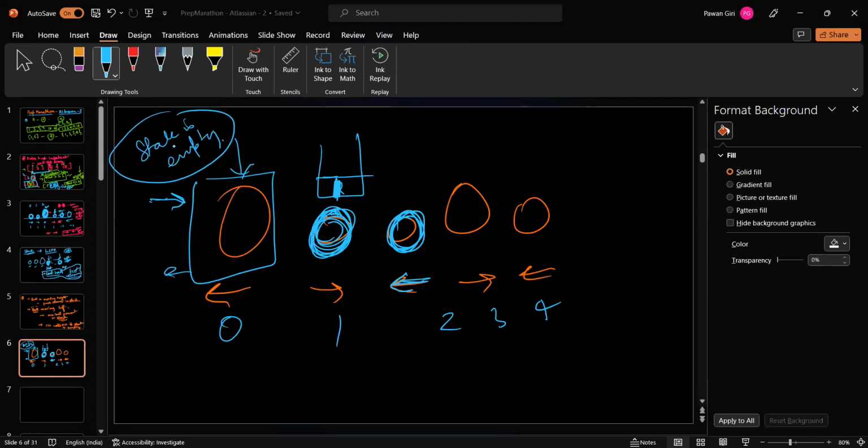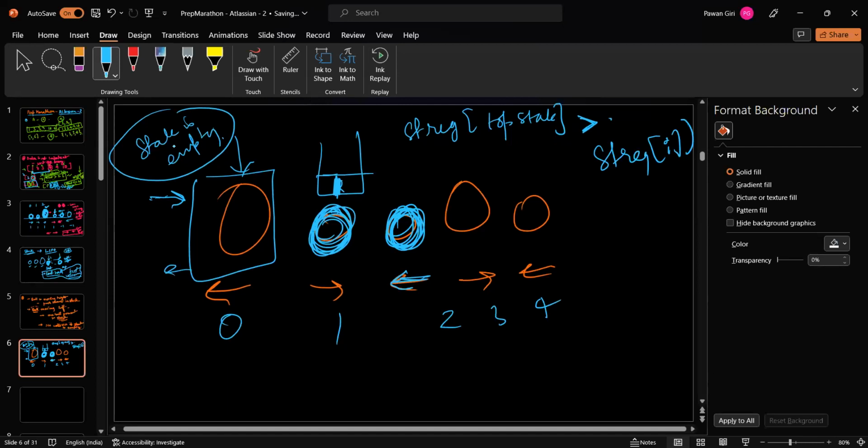If the strength of the ball present at the top of the stack is greater than the strength of the current ball, the ith ball, because we are at the ith index, what will happen?